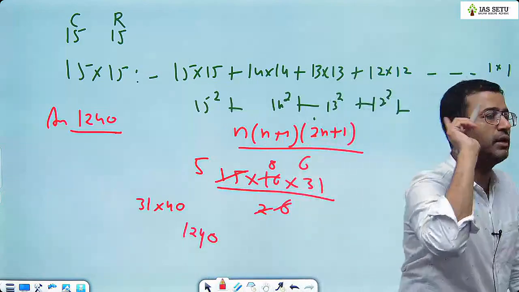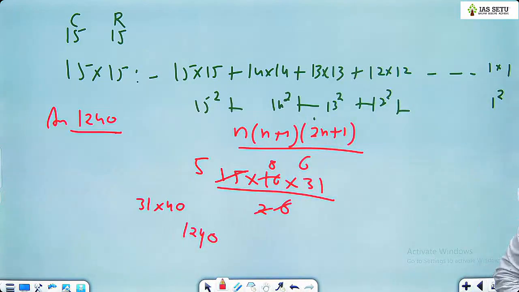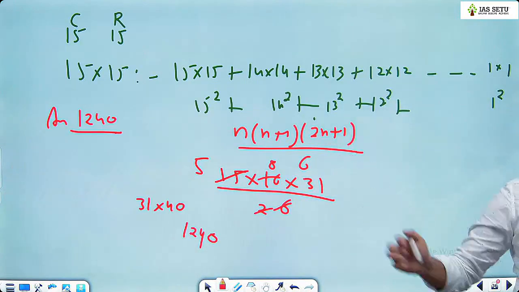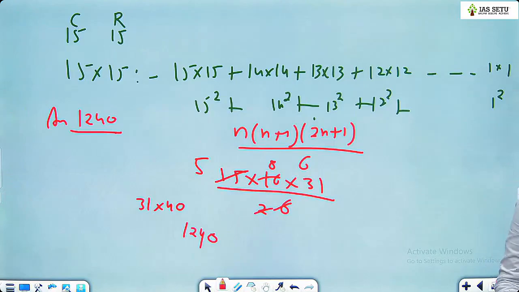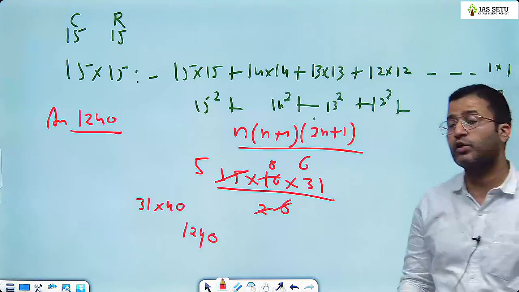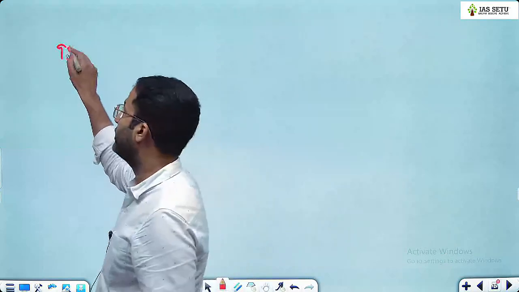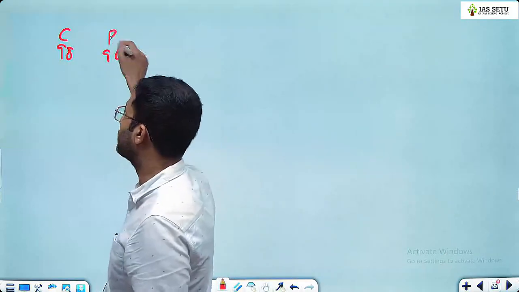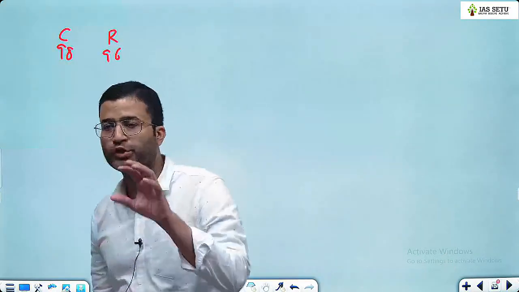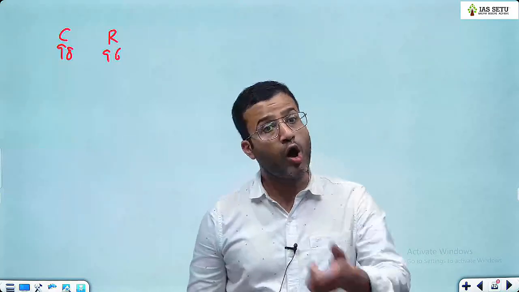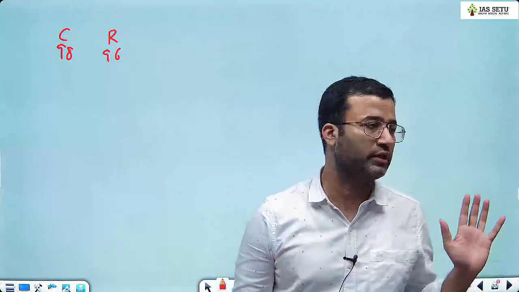Here this formula will help, sir. If there are such questions, apply the formula. If it asks 1 square plus 2 square plus 3 square, you can add manually, that will be better. His point is, if there is a question like there are 98 columns and 96 rows and each unit makes a square, how many squares will be there? You leave that question.